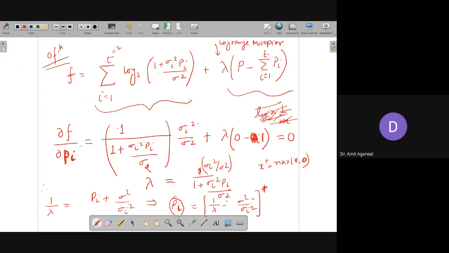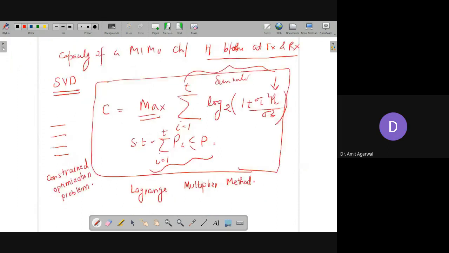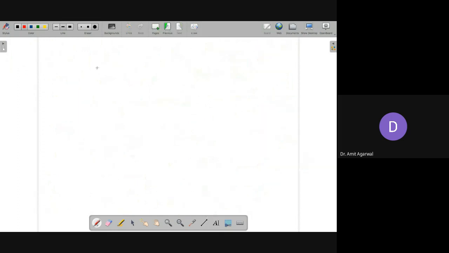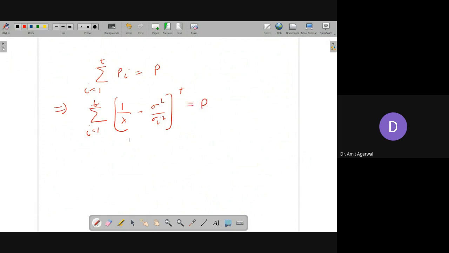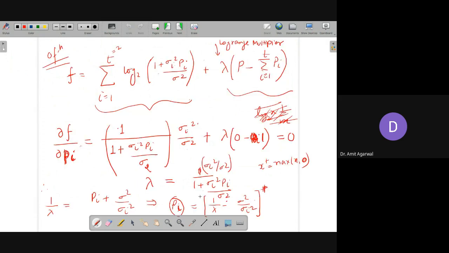And now, because you know the constraint which says sigma pi is equal to p, you put each value of i here, which you have derived. From here you will get the value of lambda, and then you replace your value of lambda here and you get the value of pi. So this is the procedure.